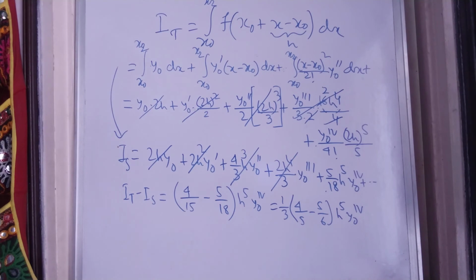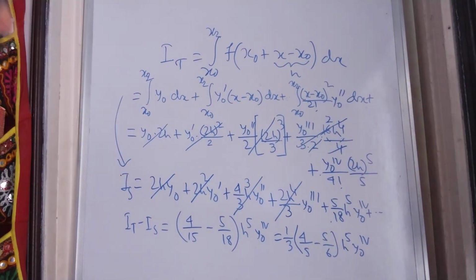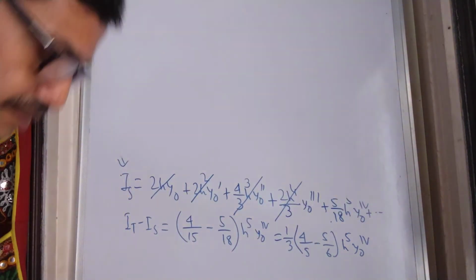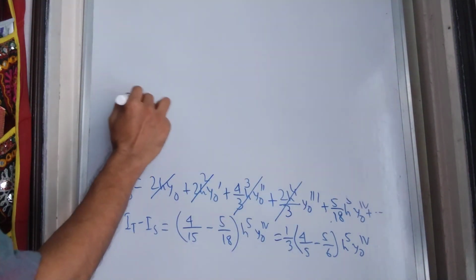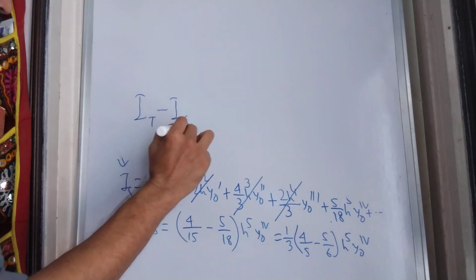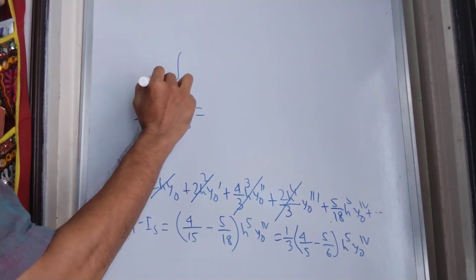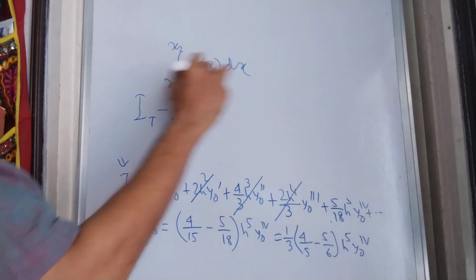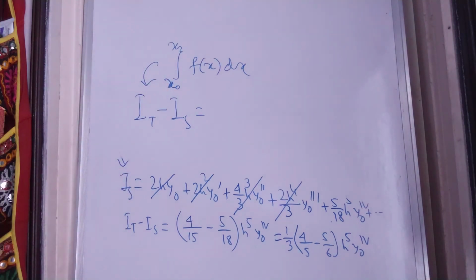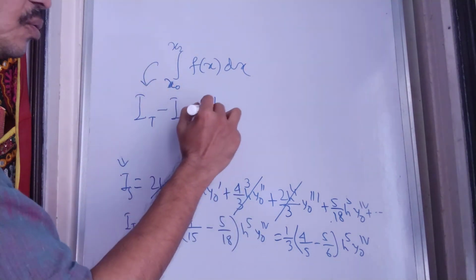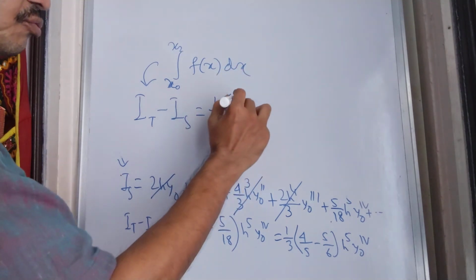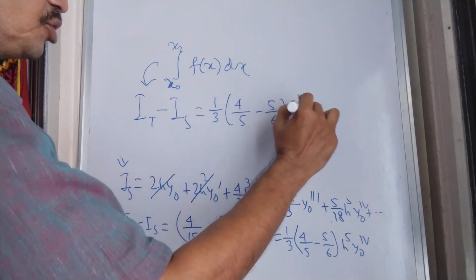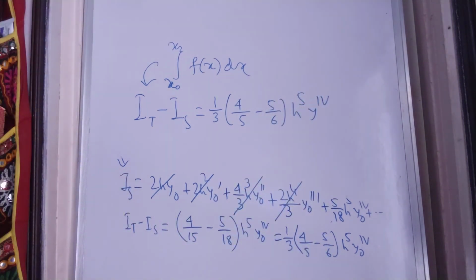So let us write it clearly, boldly rather. We see that the true value, which is the value of the integral from x0 to x2 of f(x) dx, minus the Simpson value, the difference between them becomes 1/3 (4 by 5 minus 5 by 6) h to the power 5 y0''''.